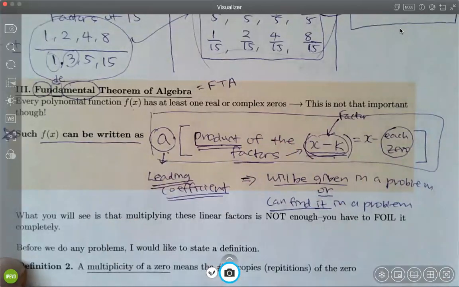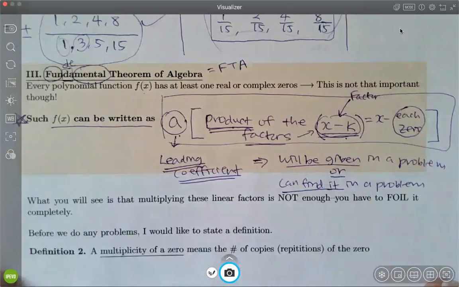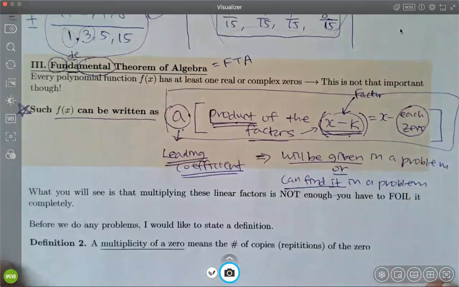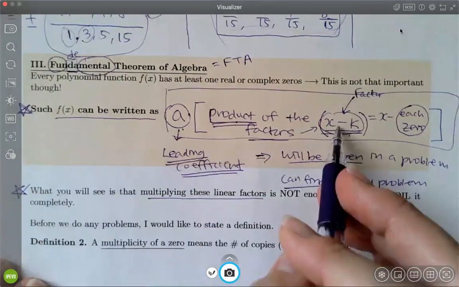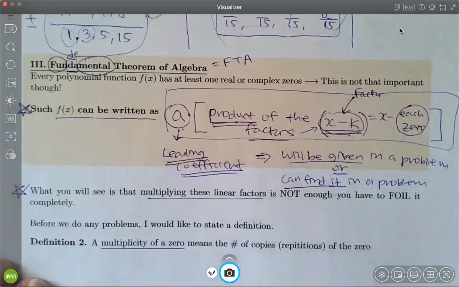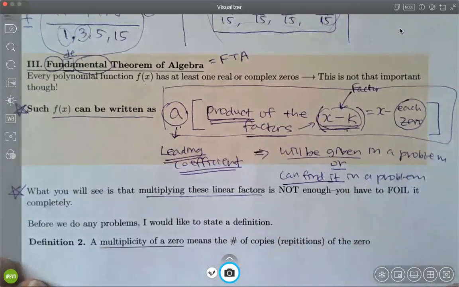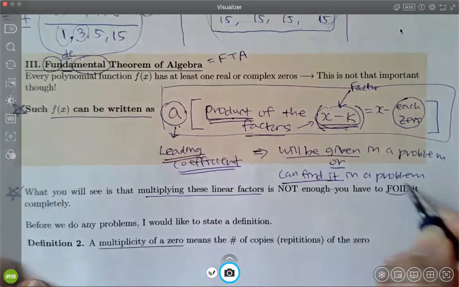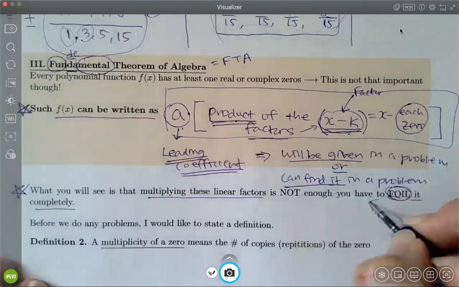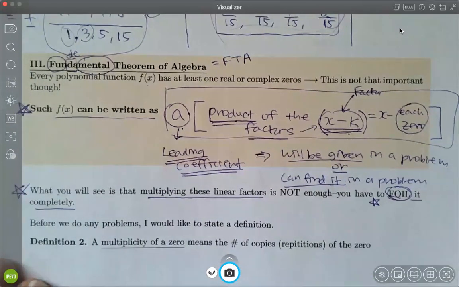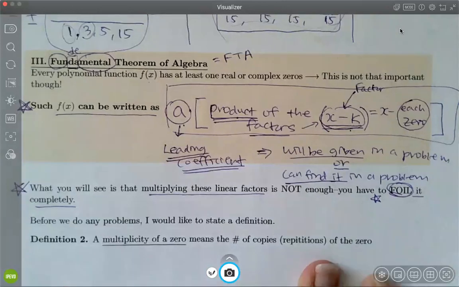Now, here is another sad and depressing news. Multiplying these linear factors, x minus k, is not enough. Why? Because you have to FOIL at the end completely. Unfortunately, that's what the problems will ask you to do as well.